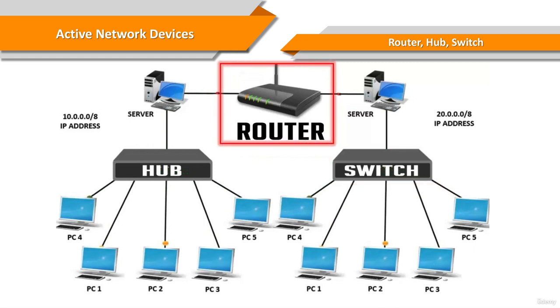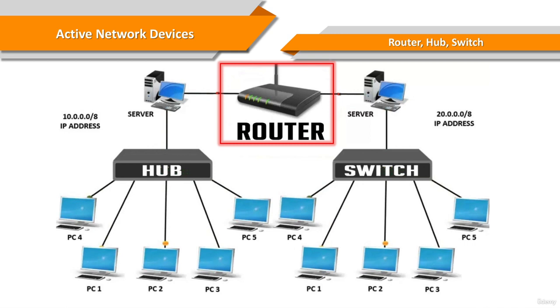A router is connected to at least two networks, commonly two LANs or WANs, which are the wide area networks, or a LAN and its ISP, which is the Internet Service Provider's network. Router is generally located at gateways, the places where two or more networks connect. Using headers and forwarding tables, router determines the best path for forwarding the packets.